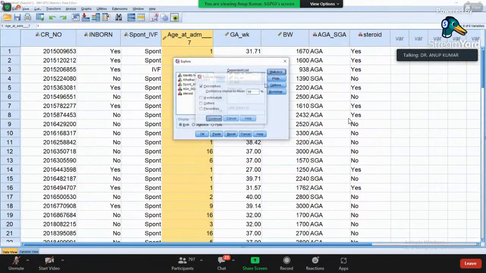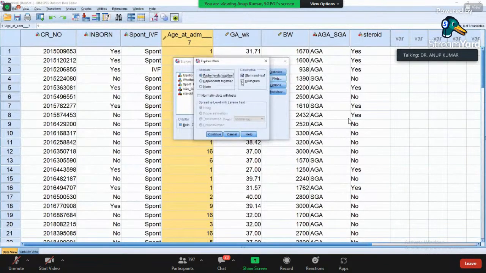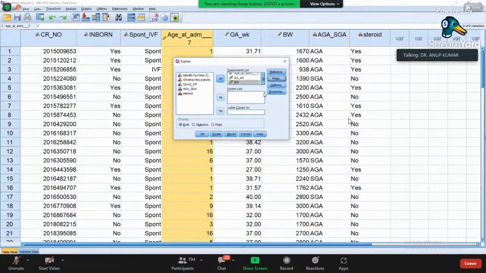Then I will go to Plots. I want histogram, and here it is given normality plots with tests. So I will select normality plots with tests, then continue. In the options nothing will change, and in display I want to display both. So for these 3 variables, it will display the descriptive statistics, histogram, and normality test. Then I will click OK.